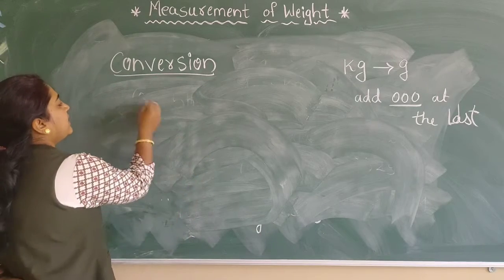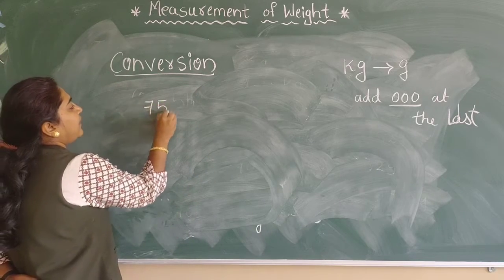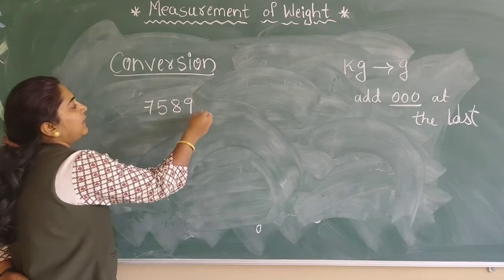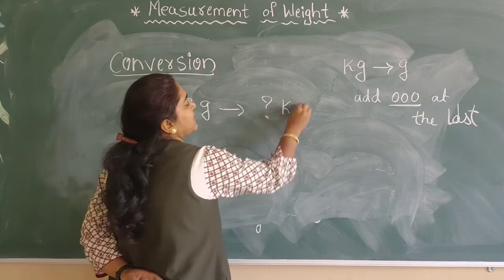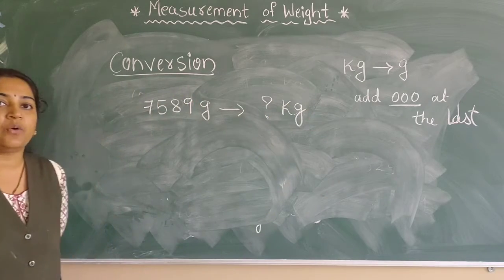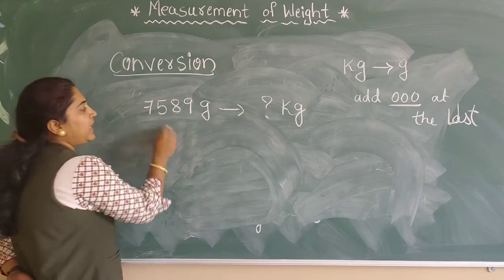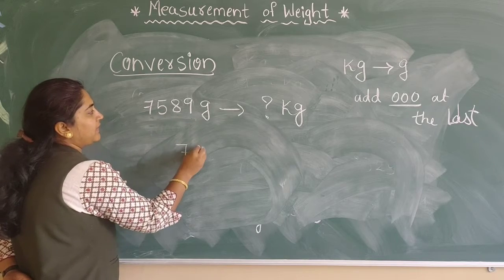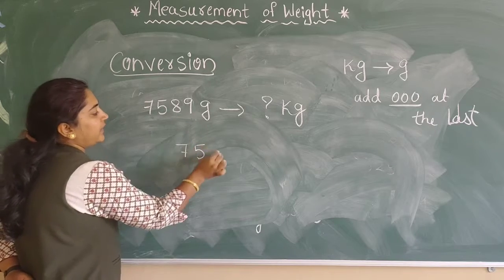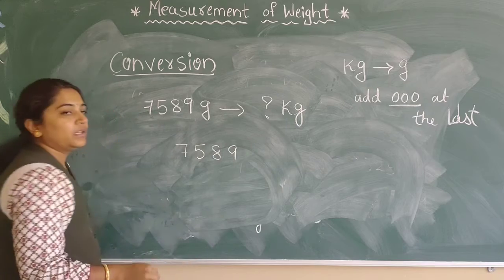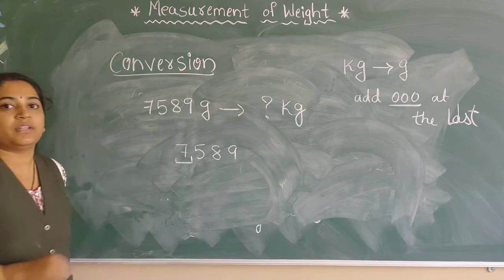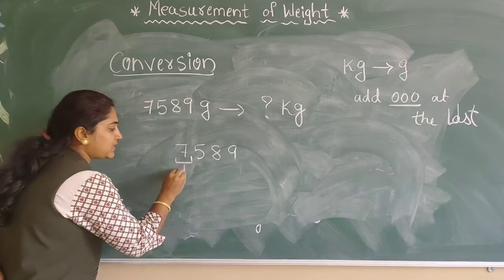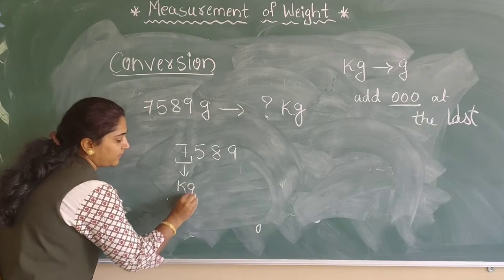Now one more example I will show you. If I have 7589 gram, how much kg is it? How do you see it now? Just write the same number that they have given. 7, 5, 8, 9. In this, whatever the first number is, this is kg.